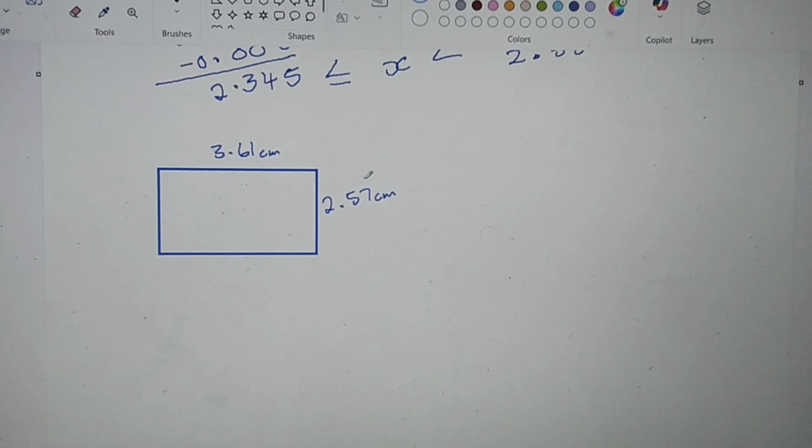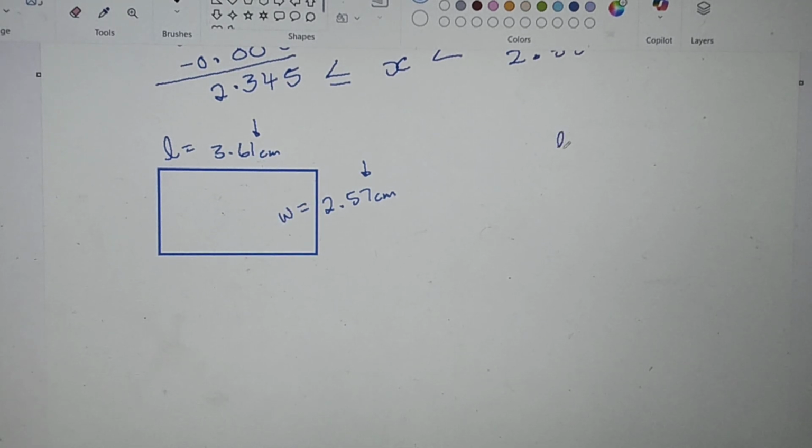And they've said the dimensions have been rounded off correct to 3 significant figures. So in other words, it's rounded off to my second decimal place, as we've just looked at in the example. And they want the upper and lower bounds for each dimension. So we've got the length and we've got the width of the rectangle.